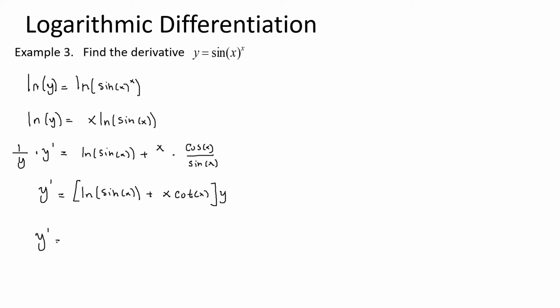Now let's substitute y back in. So we'll have ln of sine of x plus x times cotangent of x, and your y in this case was sine of x to the x, and we will distribute and we'll have our answer.